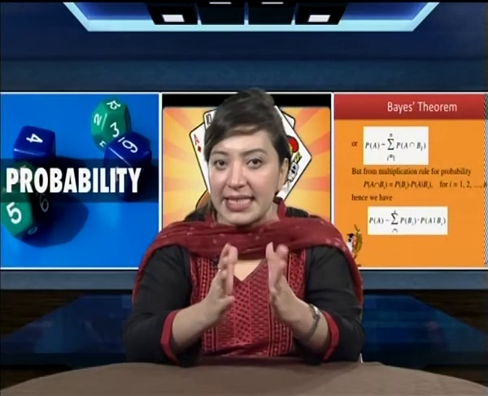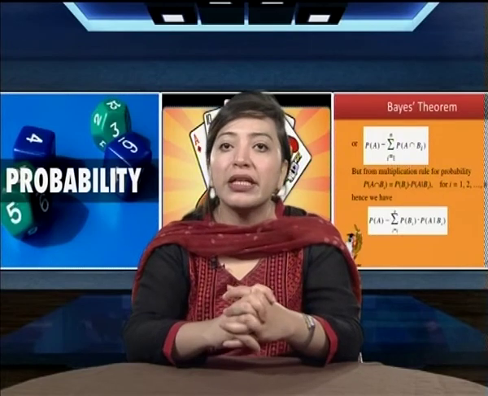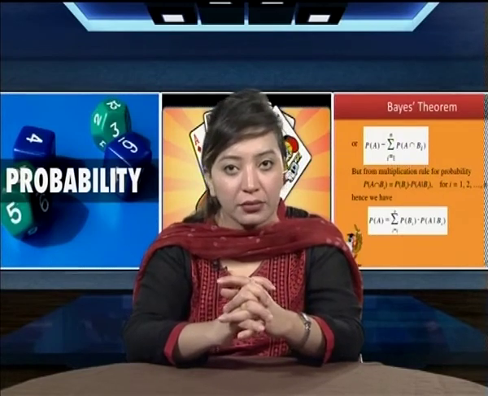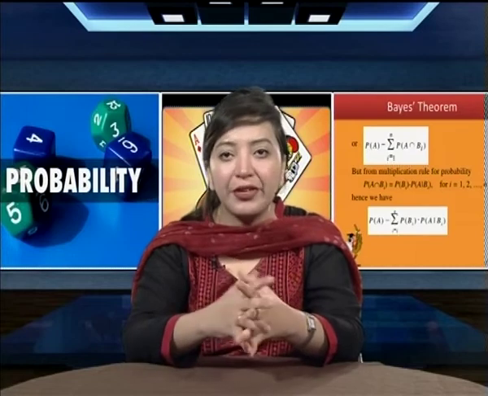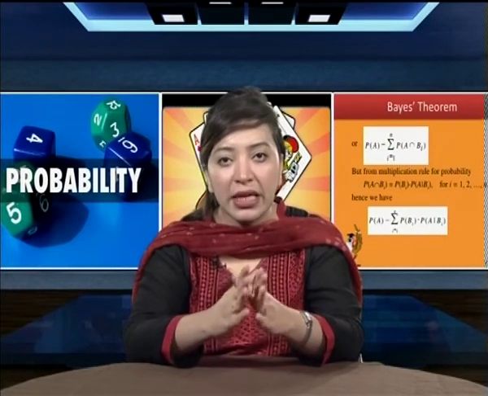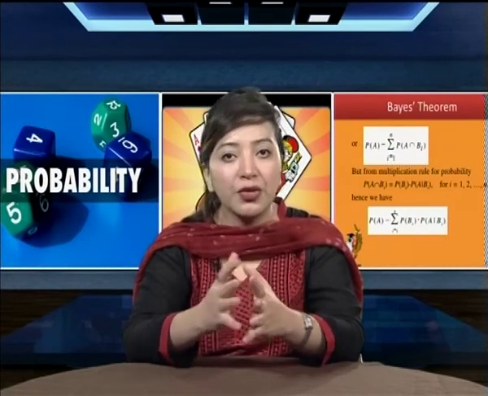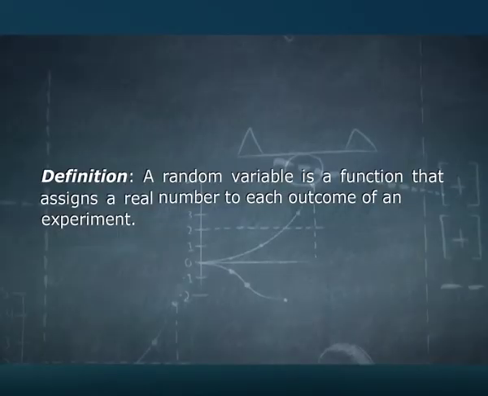The real numbers assigned to each outcome of an experiment is called a random variable. The formal definition of a random variable involves the concept of a real valued function. Let's see the definition of random variable. A random variable is a function that assigns a real number to each outcome of an experiment.